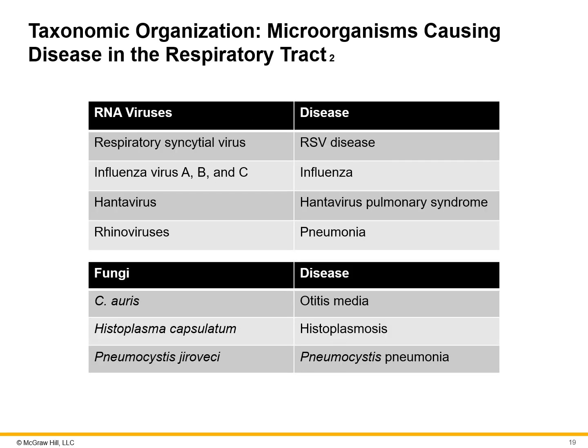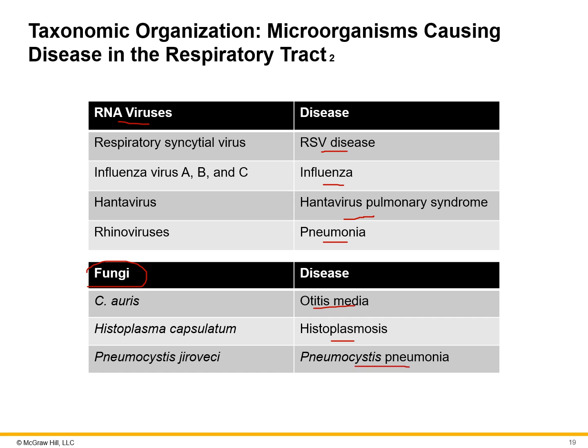Then looking at our RNA viruses here that can cause RSV and the flu. We didn't talk much about hantavirus, but it's also caused by a viral infection, and there can be pneumonia caused by viruses as well. Then our fungi can lead to ear infections. We didn't talk about histoplasmosis, but it can cause that.